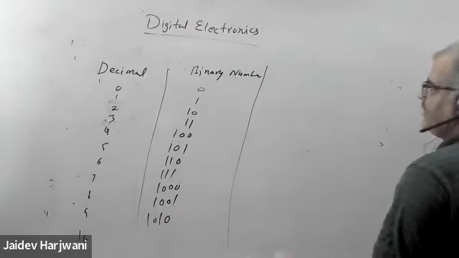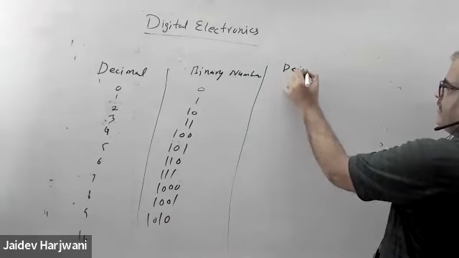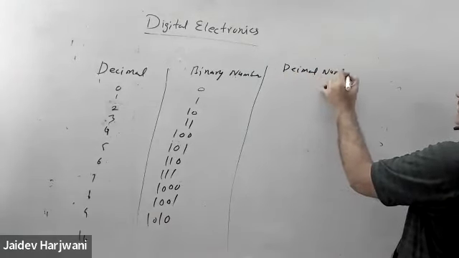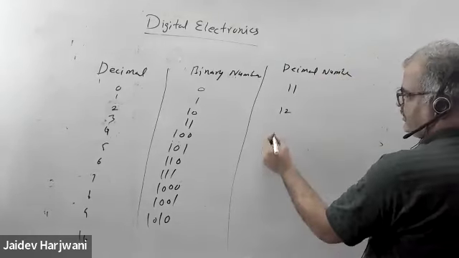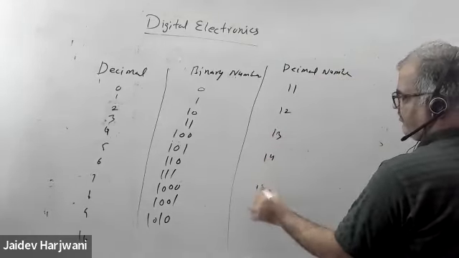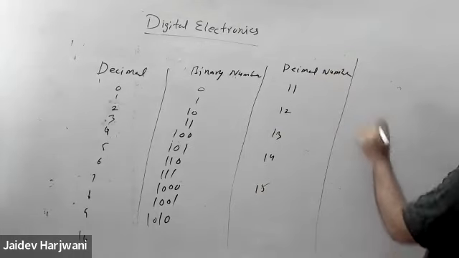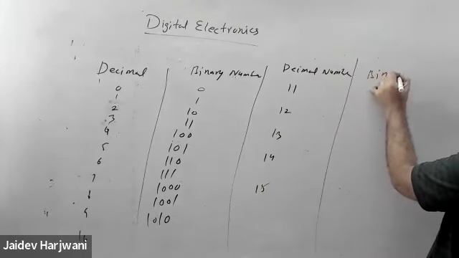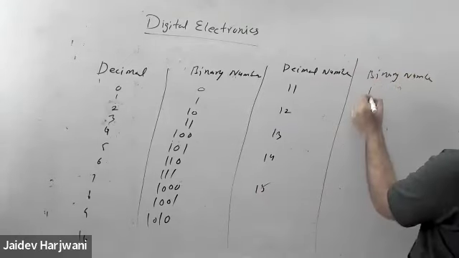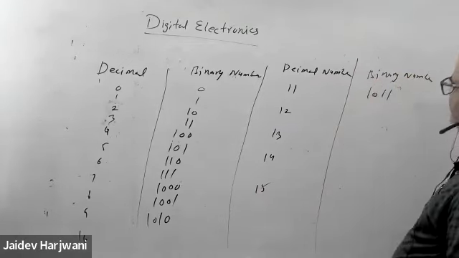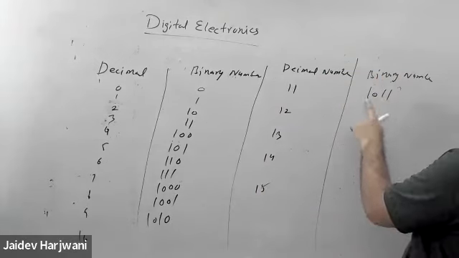Okay. Similarly, let me write the decimal numbers 11, 12, 13, 14, 15, and the binary numbers. For 11, what can I write? 1011. So 1, 2, 8, 11.